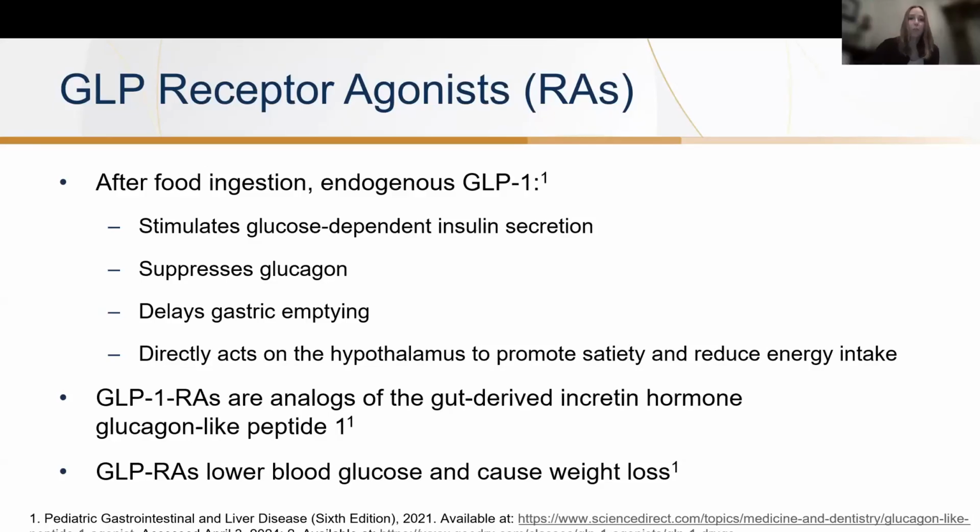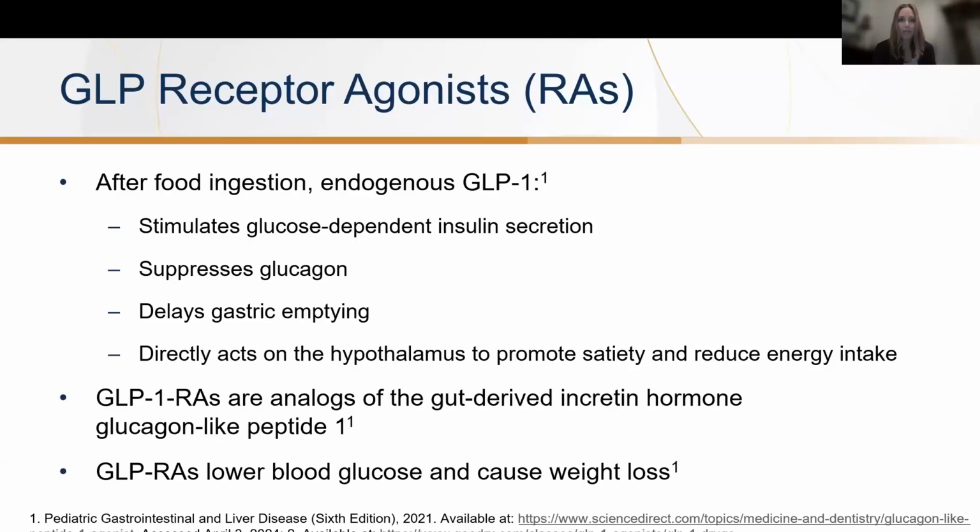So the GLP-1 receptor agonists, we've come a long way with weight loss and metabolic disease for sure. After we eat, our body naturally releases GLP-1, which is a hormone that does a few things. Number one, it boosts glucose-dependent insulin secretion. It also lowers glucagon, which raises blood sugar.